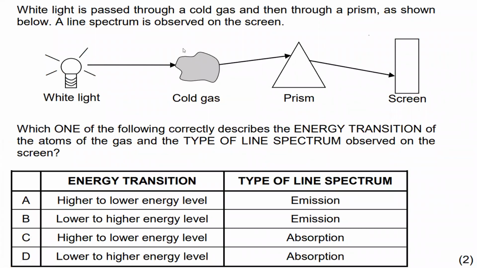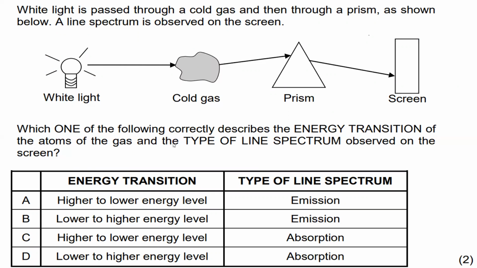We have two different processes. Now, let's see this question, a multiple choice question. White light passes through a cold gas. We have a spectrum on the screen. Which one of the following correctly describes the energy transition of the atom and the type of line spectrum? So this is our question.